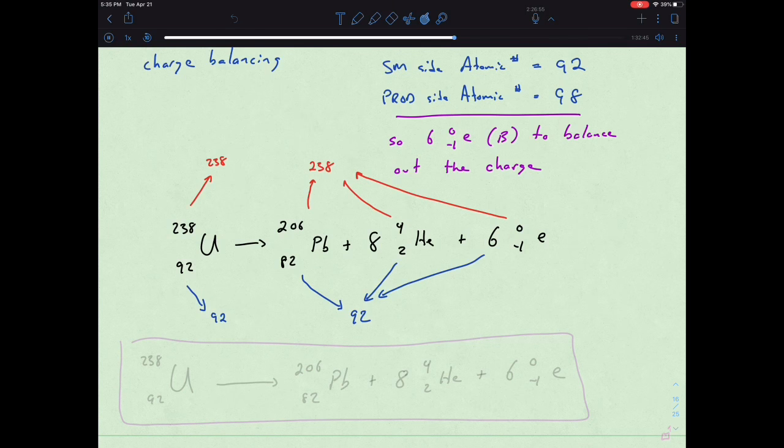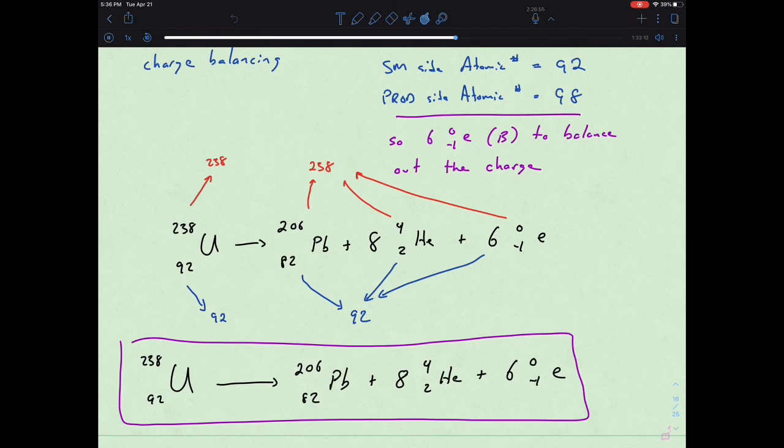So our stepwise decay reaction is now balanced: uranium-238 going to lead-206 produces 8 alpha particles and 6 beta particles. So that's our balanced reaction, and that's balancing of nuclear reactions in general, whether they be decay processes or simply nuclear reactions.